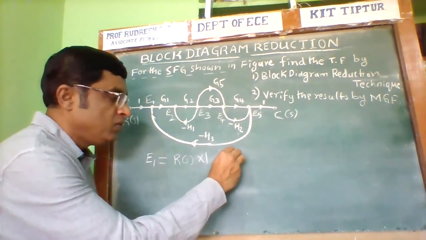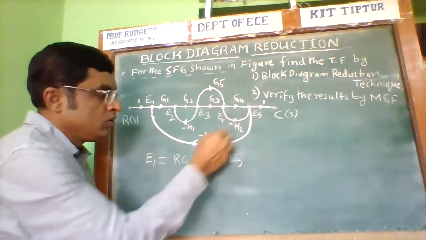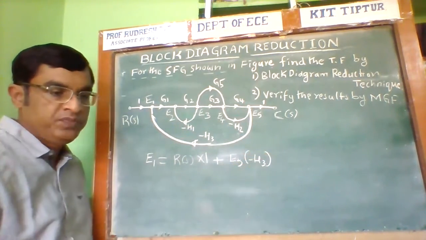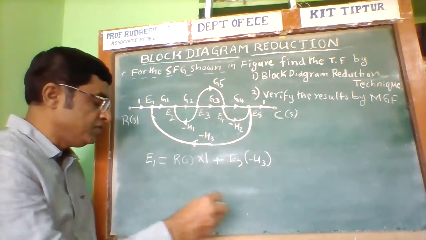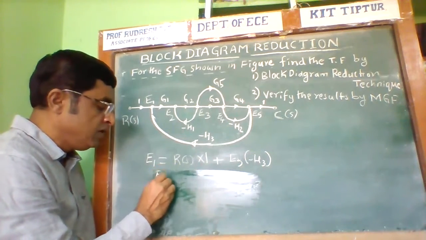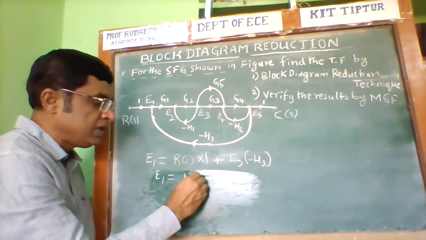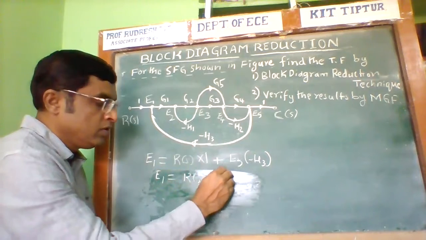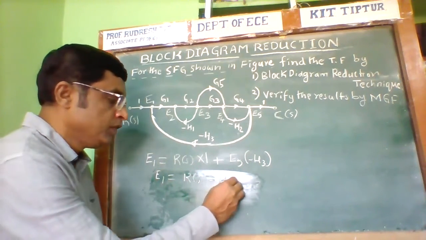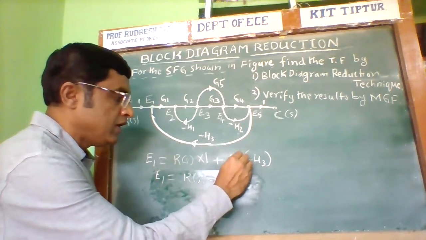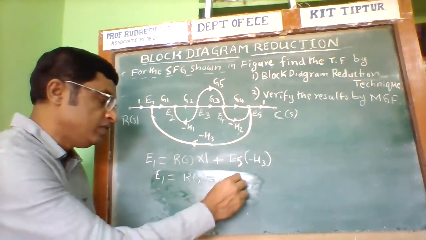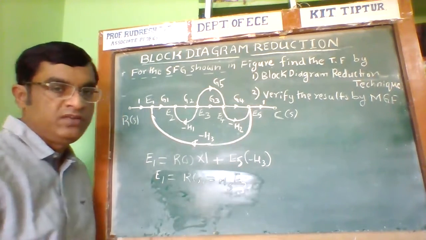E5 is the input, and the transfer function is minus H3. Therefore, the first equation is E1 equal to R(s) minus H3 into E5.